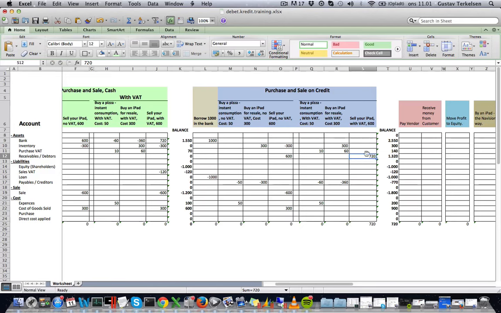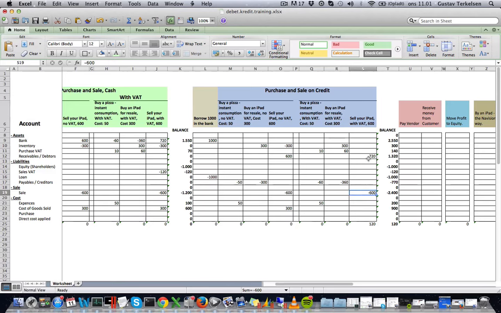So the value of our company has just risen, which is a really good thing for our shareholders or the owners of the company. But when this is good for them, we book it down in the profit and loss here, and we book this as a sale. So we are increasing our sale, which is a credit, and we do that by 600, like this.